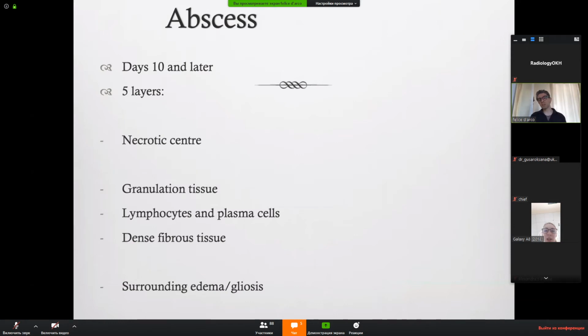So the abscess takes almost 10 days in a non-neonatal child and is formed by 5 layers. We have a necrotic center and then a capsule made of granulation tissue, lymphocytes, and fibrous tissue. This is the immune reaction. And then we have surrounding edema and gliosis, okay?